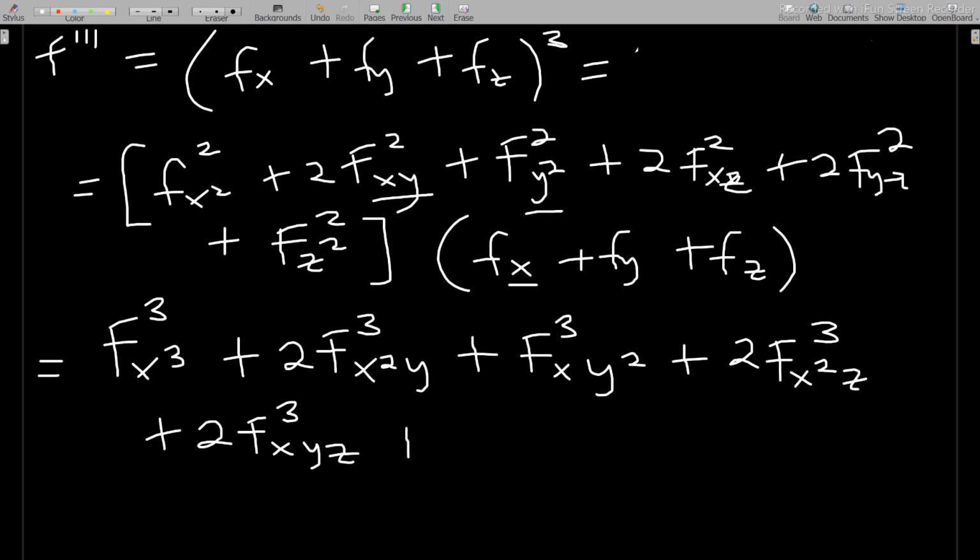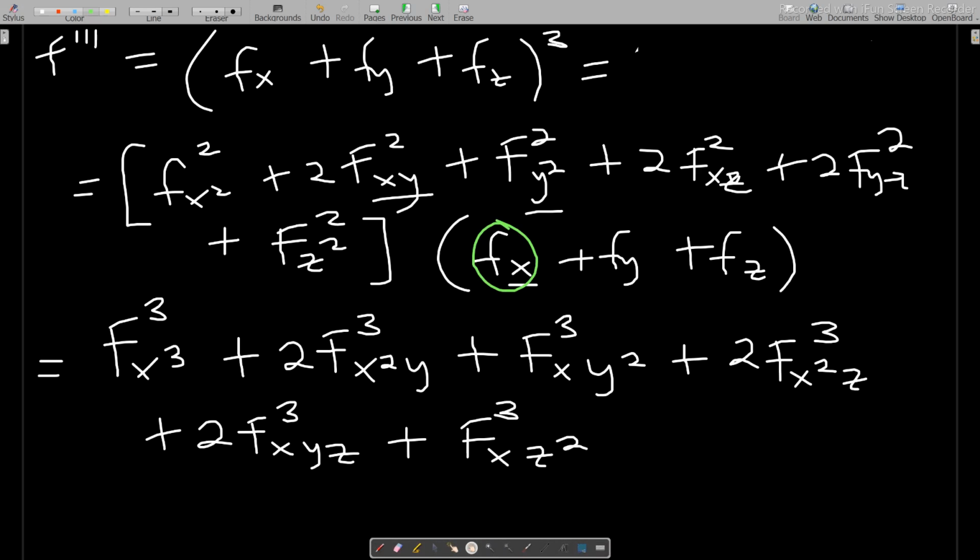Okay, plus fx fz squared, and cube like this. So this expression is actually for only x. Okay, so let's go to the y, fy. So we are done with this part.